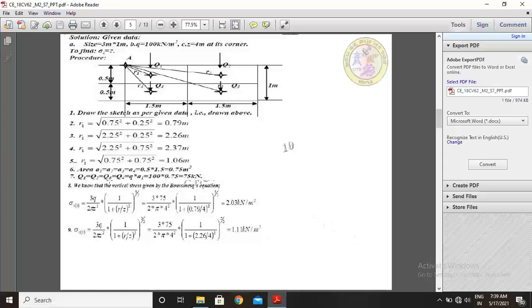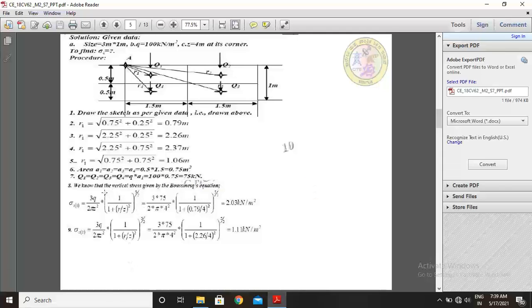So next step, the area is given: A1 equal to A2 equal to A3 equal to A4 equal to B into A. Here this distance into this distance, so 0.5 into 1.5 meter. You calculate each rectangle area, that is 0.75 square meters.